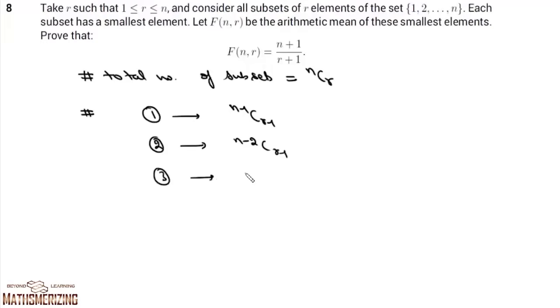Having 3 as minimum element will be n minus 3 C R minus 1, and it will continue up to R minus 1 C R minus 1 when we have n minus R plus 1 as the smallest element. Now we have n minus 1 C R minus 1 ones, n minus 2 C R minus 1 twos, n minus 3 C R minus 1 threes, and R minus 1 C R minus 1 of n minus R plus 1 numbers, and the total number of numbers is nCR.